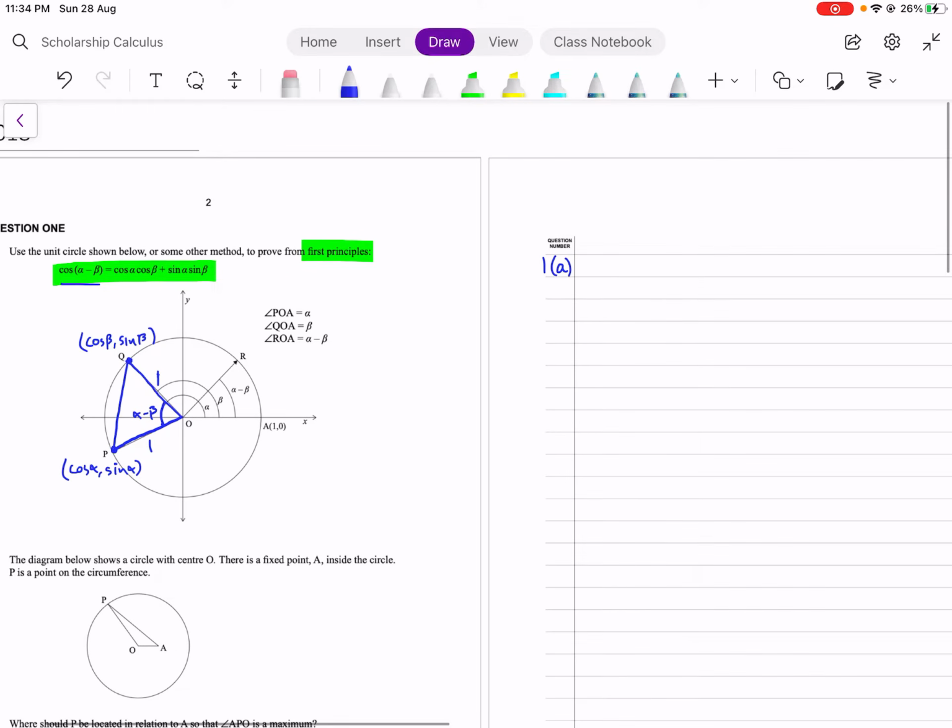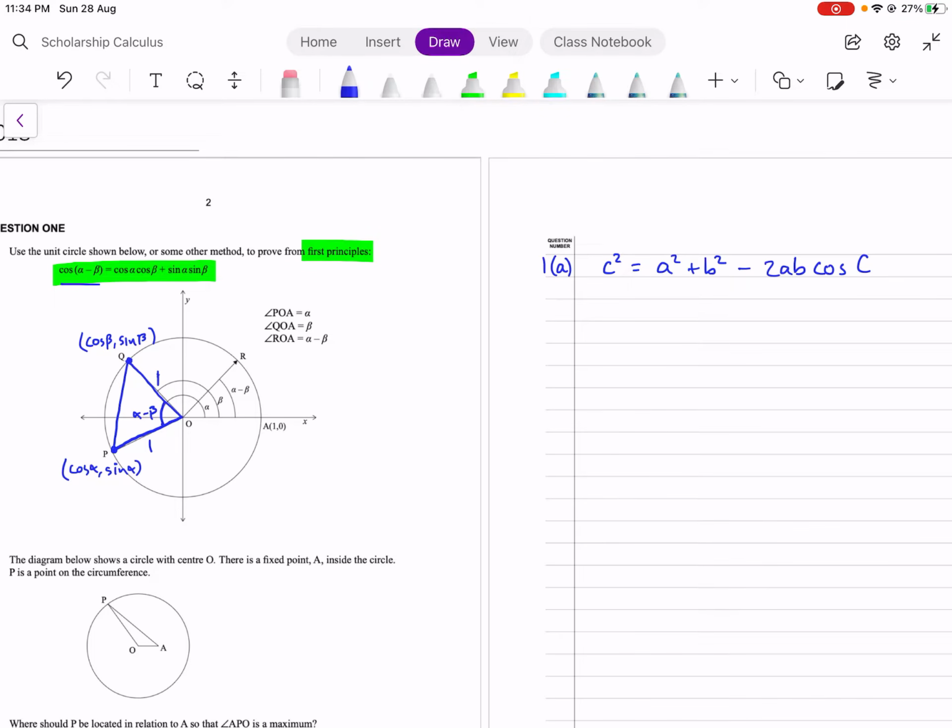Okay, so using the cosine rule, we've got c squared equals a squared plus b squared minus 2ab cos C. If you've never seen this before, it's on the formula sheet, but it's covered in level 2 trigonometry. So the lowercase letters are the sides and the capital letters are the angles. We've only got one angle in this problem.